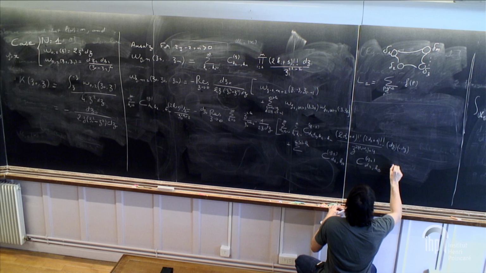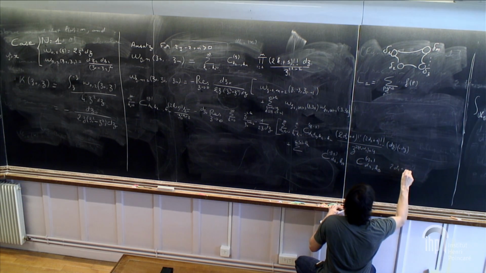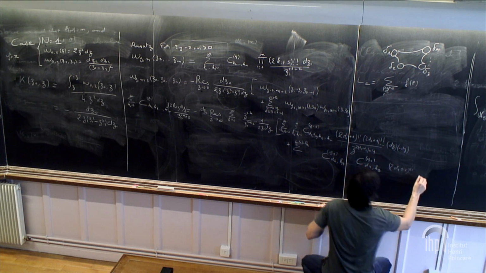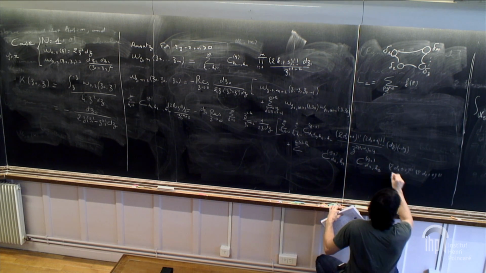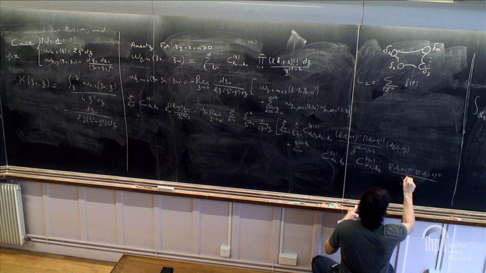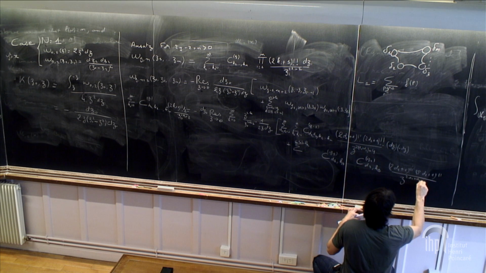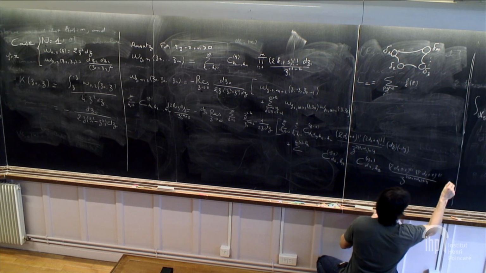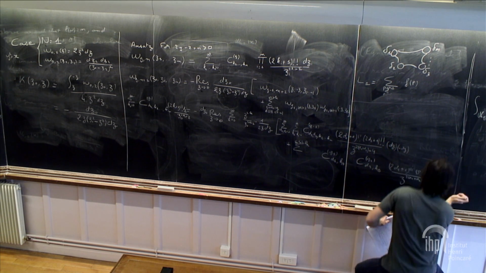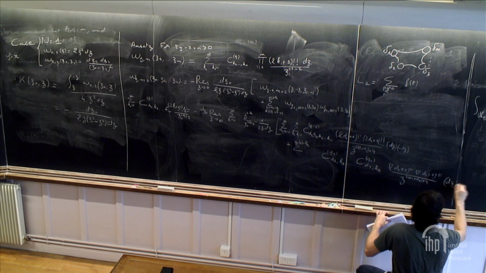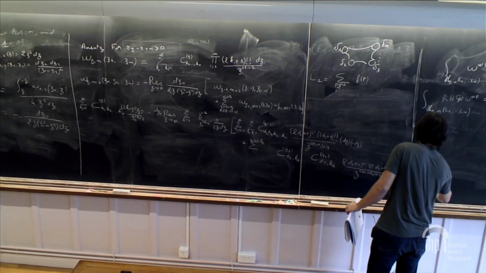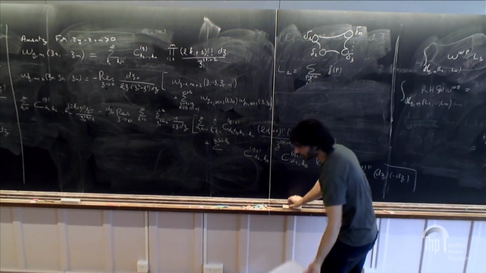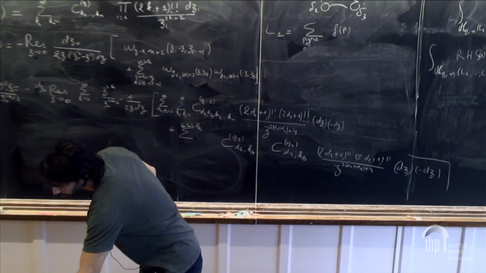And here I just have the same factor, 2D1 plus 1 double factorial, 2D2 plus 1 double factorial, divided by C to the power 2D1 plus D2 plus 4, dz times minus dc.